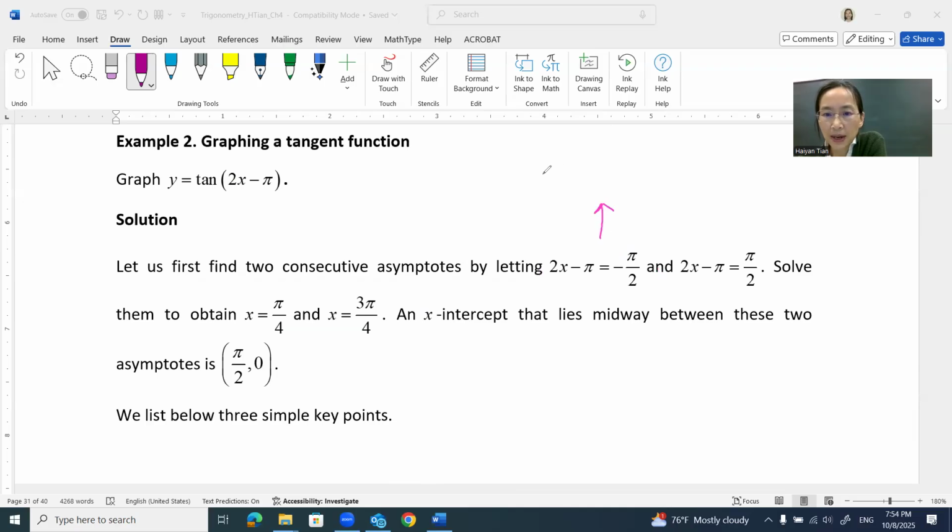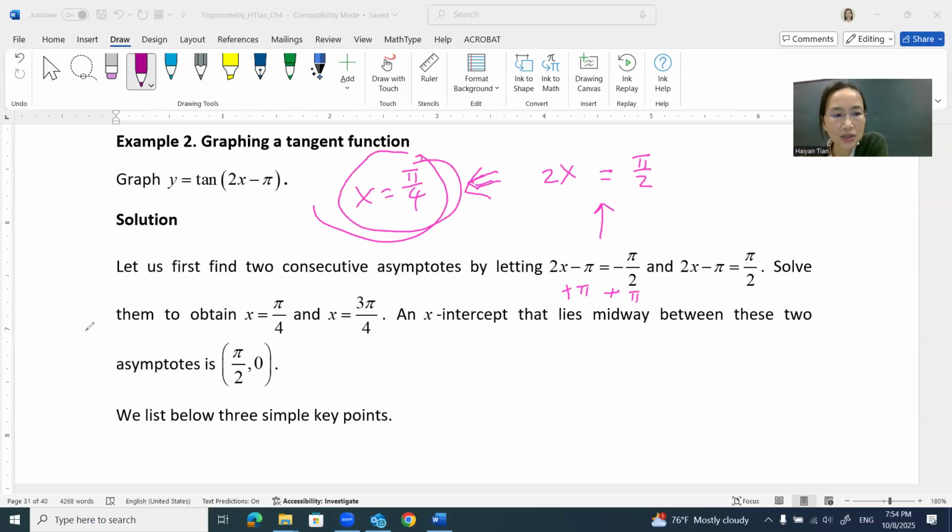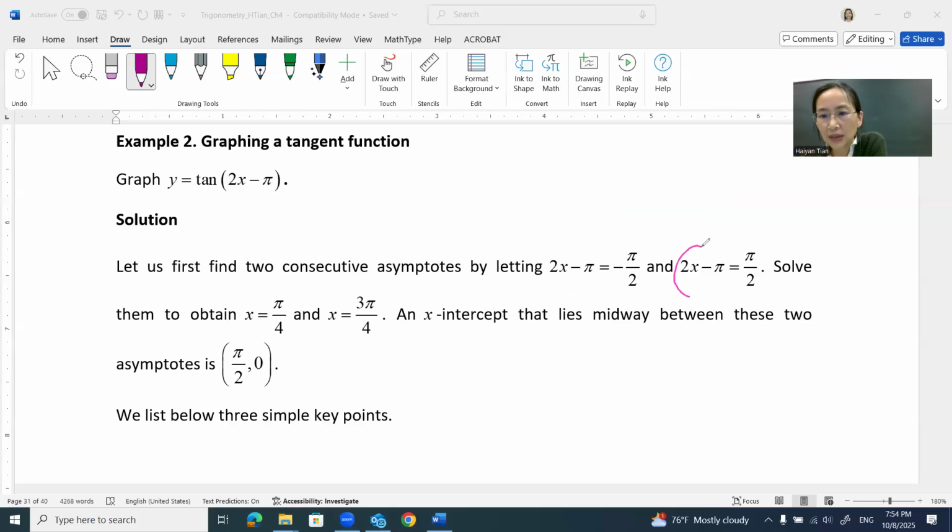First, we add pi to both sides of the equation, and we get 2x equals positive half of pi. Then we divide by 2 and get x equals pi/4. From this one, we can solve similarly.